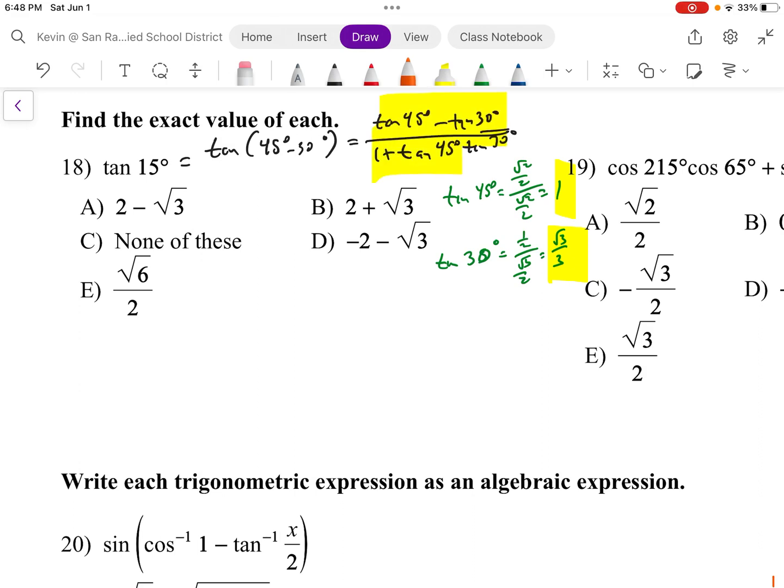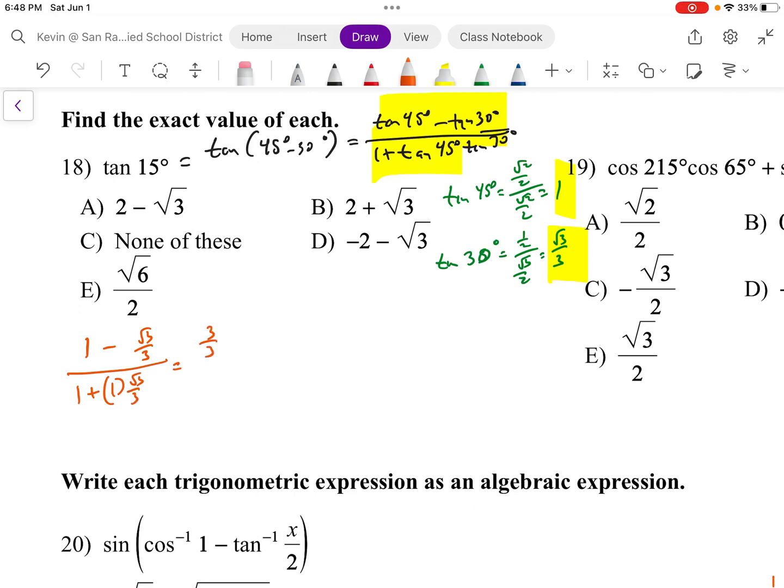So I'm going to draw it down here. I'm going to say, okay, tangent of 45 degrees is 1 minus root 3 over 3. And then over here we have 1 plus 1 times root 3 over 3. Okay, I have these fractions here, so I'm going to do this.